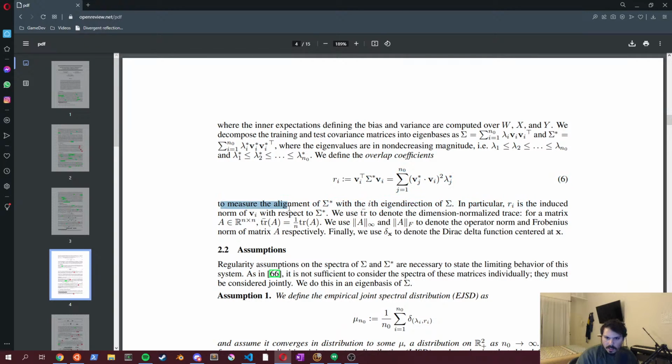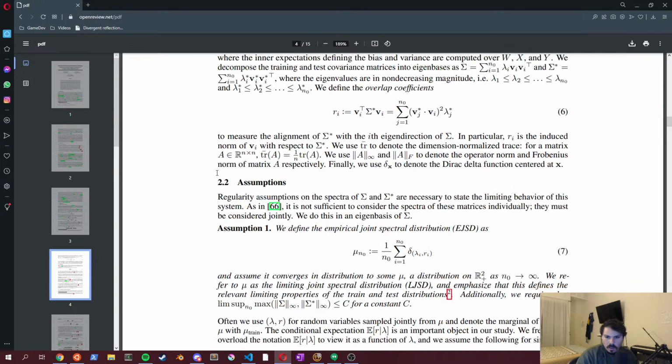In particular, Ri is the induced norm of Vi with respect to sigma star. We use the trace to denote the dimension normalized trace for an n by n matrix, and use a double bar infinity and a double bar f to denote the operator norm and Frobenius norm of the matrix respectively. Finally, we use delta x to denote the Dirac delta function centered around x.